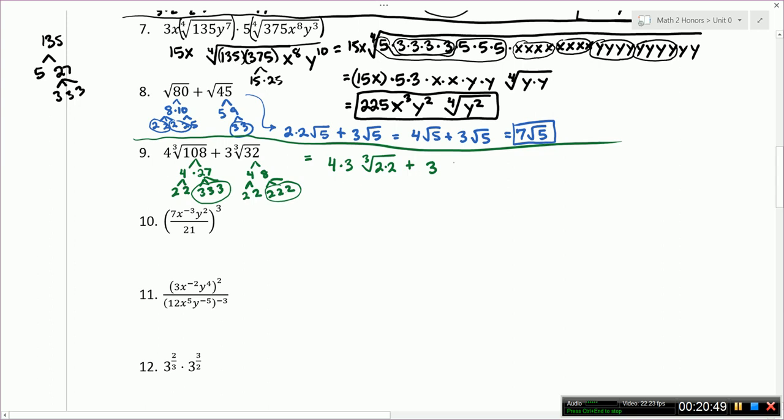We have a set of 3 2's, and we're left with the cube root of 2 times 2 again. So that is equivalent to 12 cube root 4 plus 6 cube root 4. Both expressions have a cube root 4. We can combine them, and our final answer, we add the 12 and the 6 to get 18 times the cube root of 4.